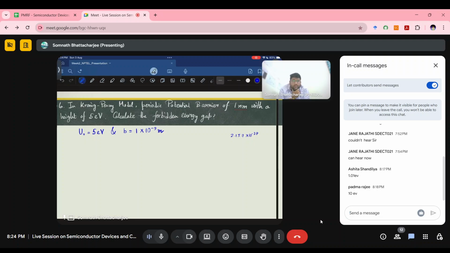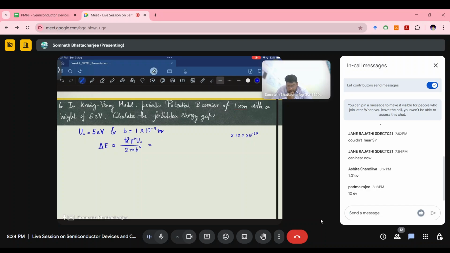So anyone has solved this? So the formula would be h-bar squared pi squared V naught by 2 m b squared.